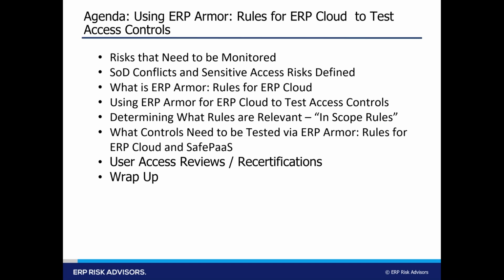Then we're going to get into the 10 different topics. This is really the whole series: the 10 different scenarios about using ERP Armor and SafePaaS to test access controls. What I'm going to cover in more detail today is this concept of defining what's relevant, or what are in-scope rules.